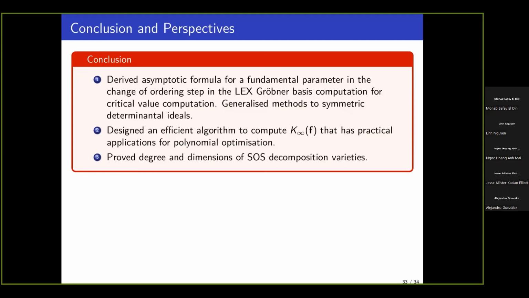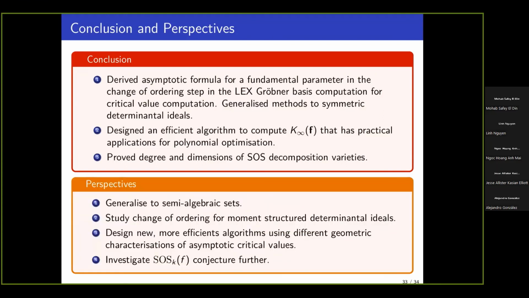We've designed an efficient algorithm for computing the set of asymptotic critical values, and have brought the whole framework of the generalized critical value method for handling polynomial optimization exactly in the non-compact case to be a singly exponential problem. And we have also proved new and interesting degree and dimension results on these SOS decomposition varieties.